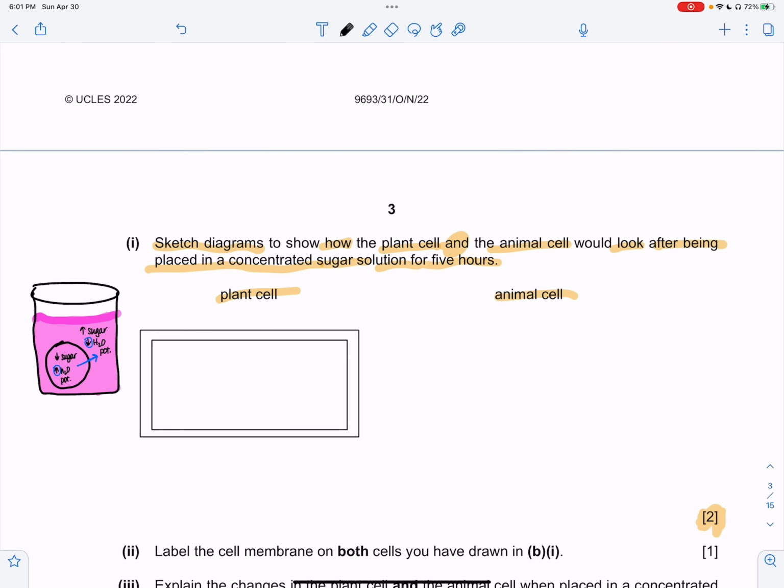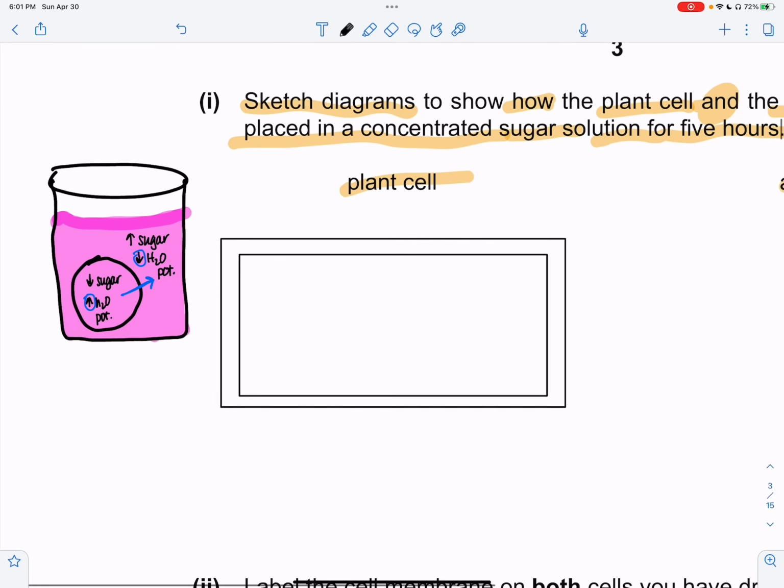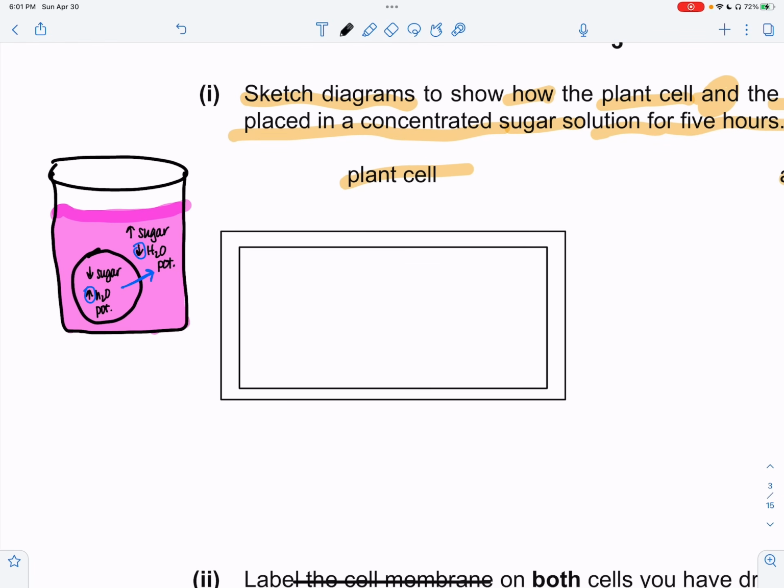All right, and then we're going to want to show that some plasmolysis has occurred, or a breaking down of the cytoplasm that's contained within the cell membrane. It will look something like this. We're showing the cell membrane has pulled itself off from the cell wall.